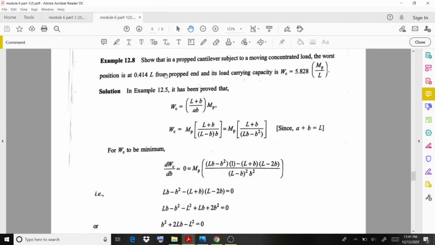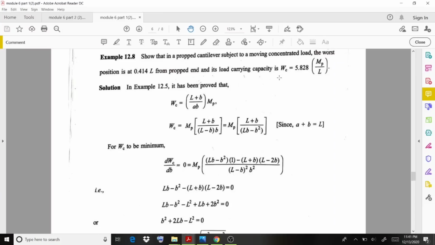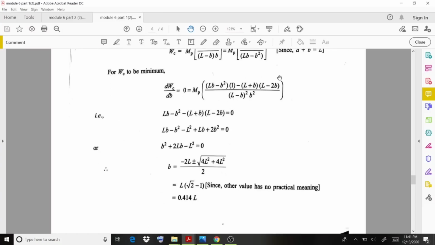The worst position for the bending moment is at a distance of 0.414L from the propped end. The maximum bending moment is going to happen at this point, and with reference to this distance, we consider where the plastic moment is going to happen.